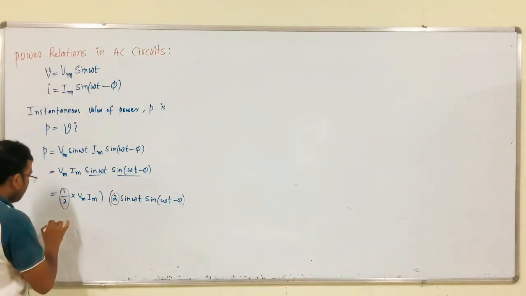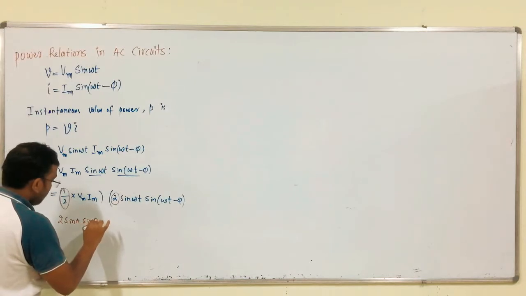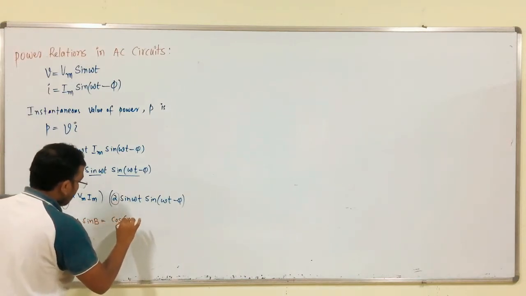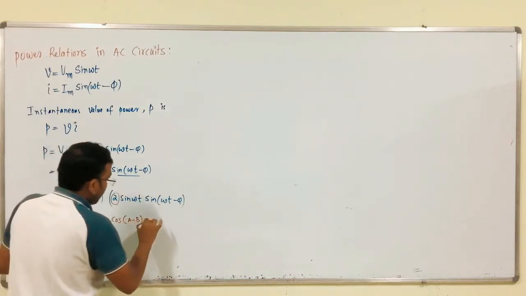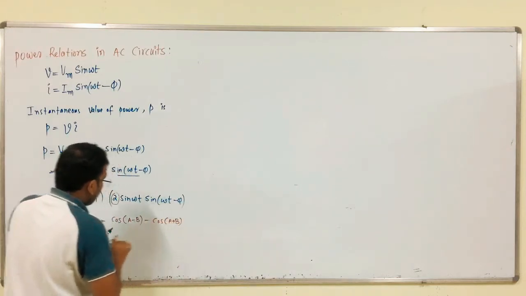So what is the equation? 2 sin A sin B is equal to cos of (A minus B) minus cos of (A plus B). This is the formula.